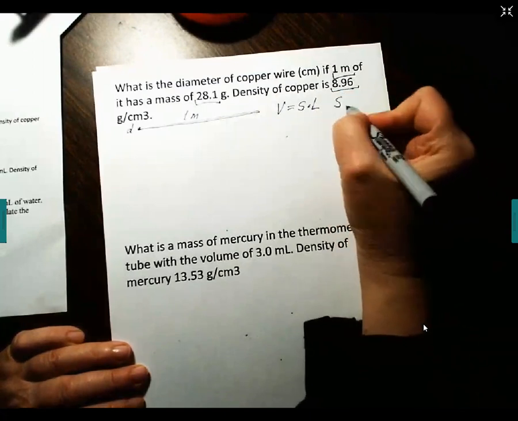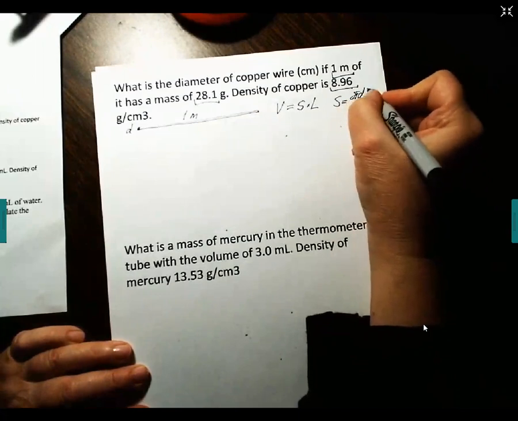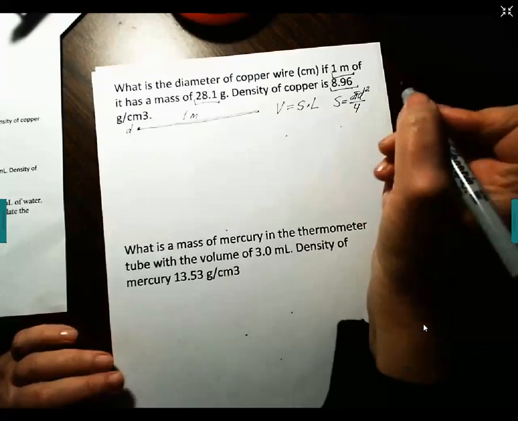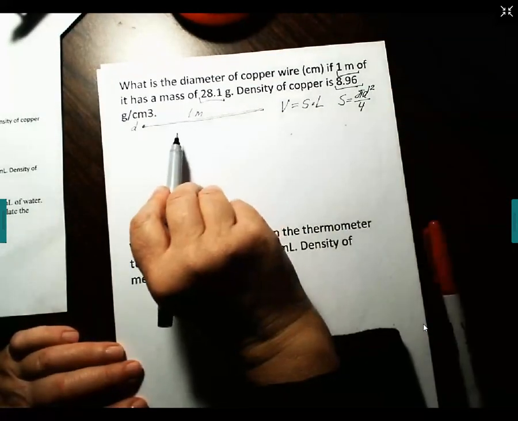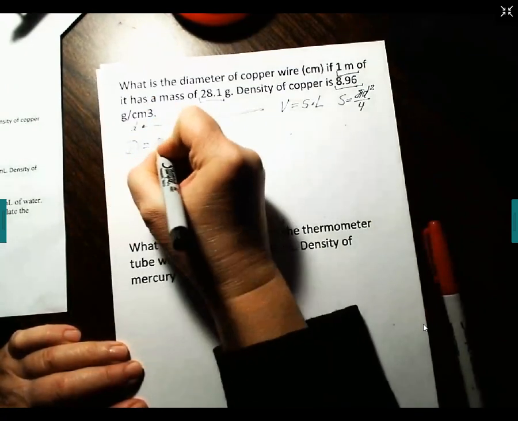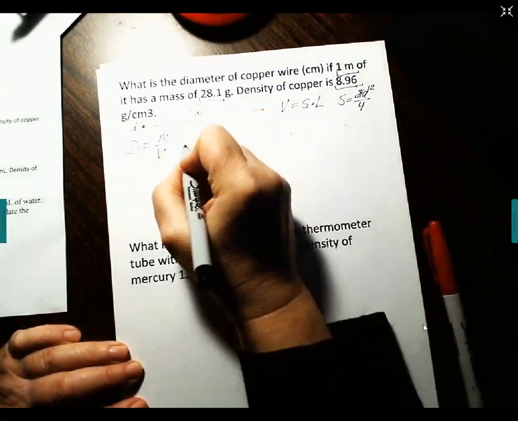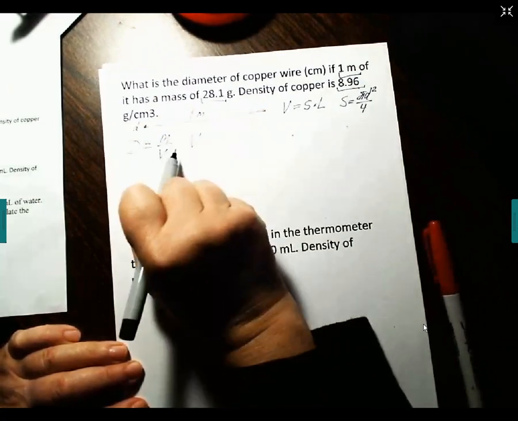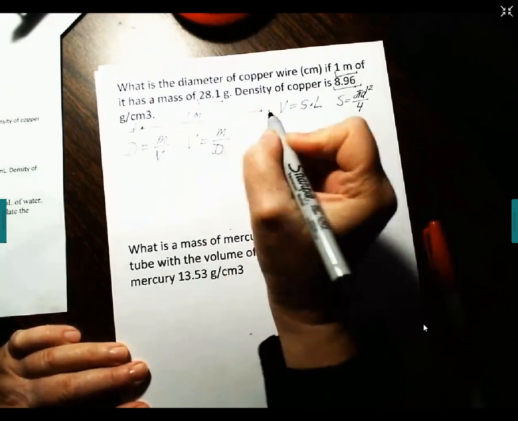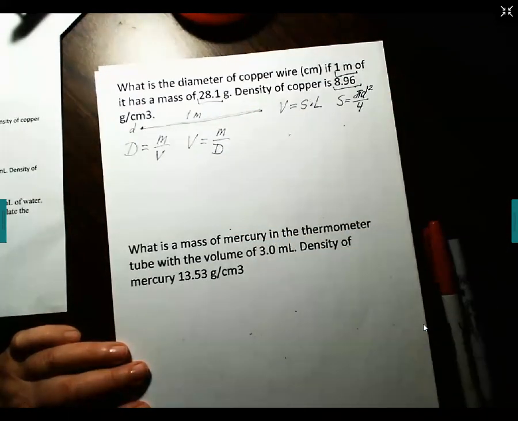And the surface area equals pi d squared divided by 4. And we also know that density equals mass over volume, which means that volume, and we need to calculate volume, equals mass over density.